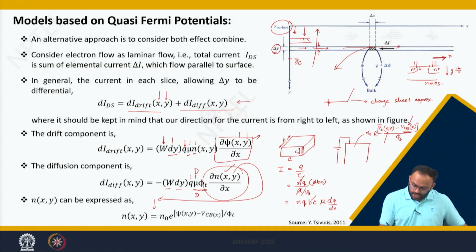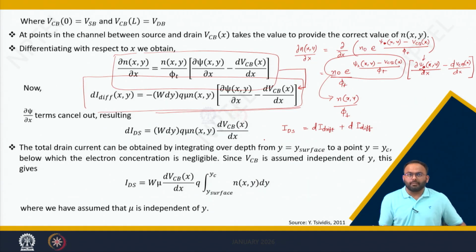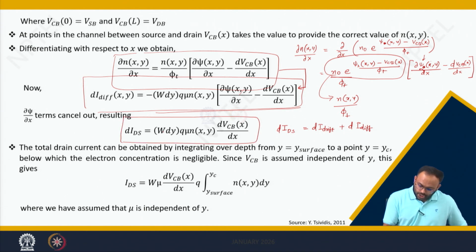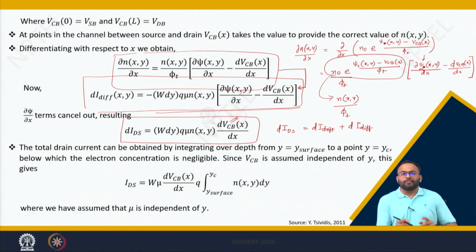We have a term dou by dou x of psi of xy in the drift part, and similarly a term dou by dou x of psi s in the diffusion part. So this will get cancelled, and ultimately you will get an equation which is a function of VCB, and VCB is a function of x.